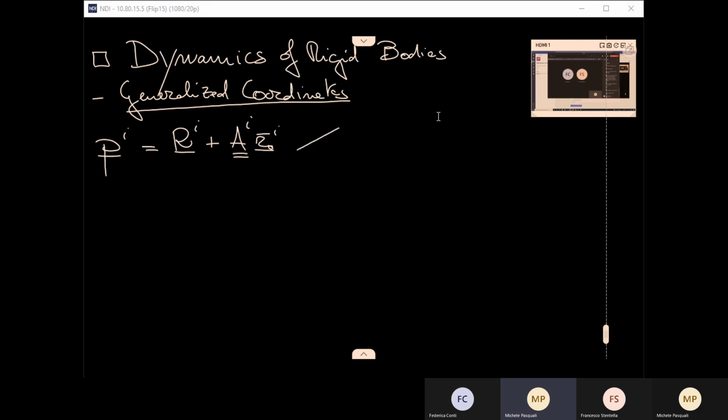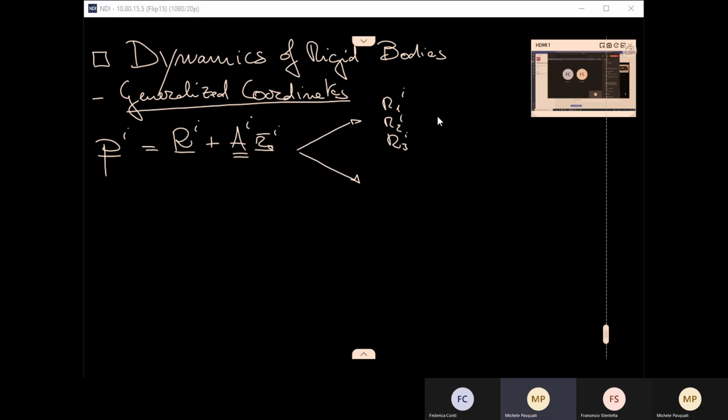So how many parameters are defined here in order to be able to define the position of the point? We have 3 components, r1, r2, r3 of the vector r. This is for the position.